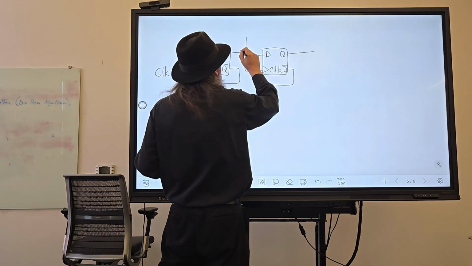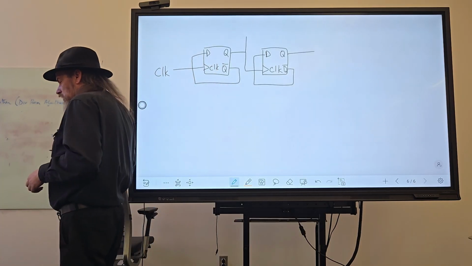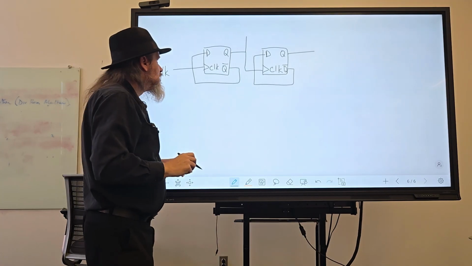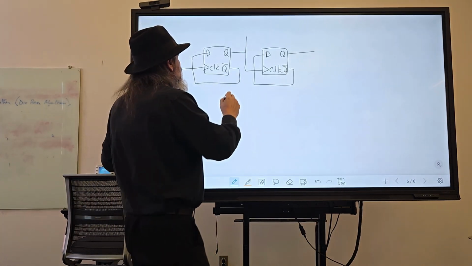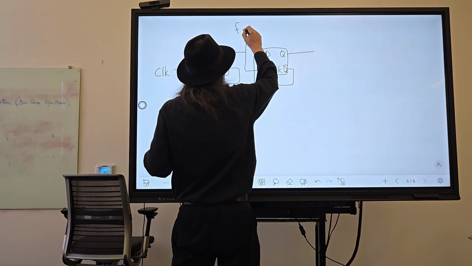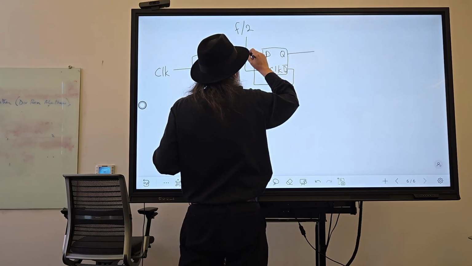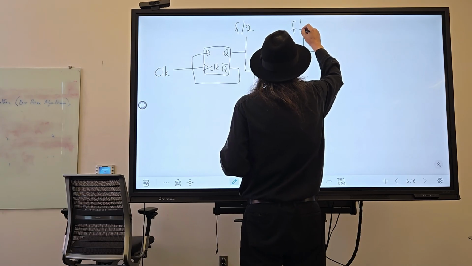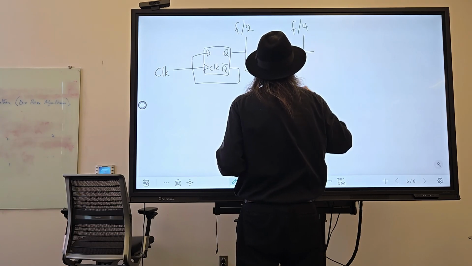Am I running long on time? Oh, okay, we got a little bit of time. The frequency here of the clock is going to be frequency divided by 2. And the frequency here is frequency divided by 4.